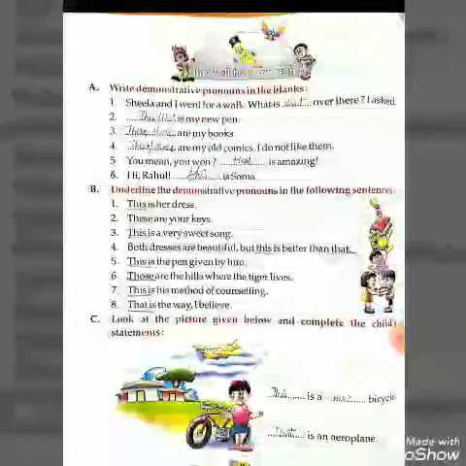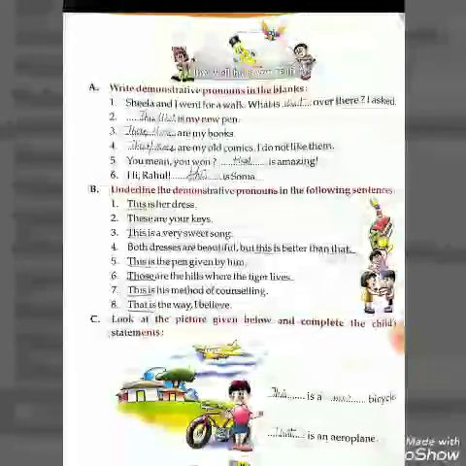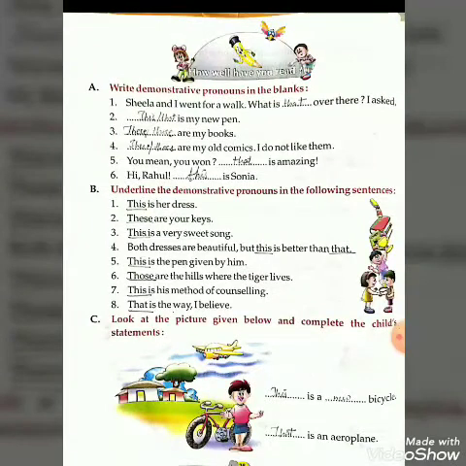And the bicycle is near, that is why we use the word this. And the next one, that is an aeroplane. So here we use the word that, which refers to what is farther away. You can see the aeroplane is farther away from the boy. So here you will write that is an aeroplane.